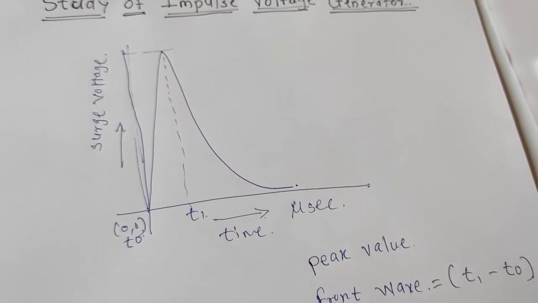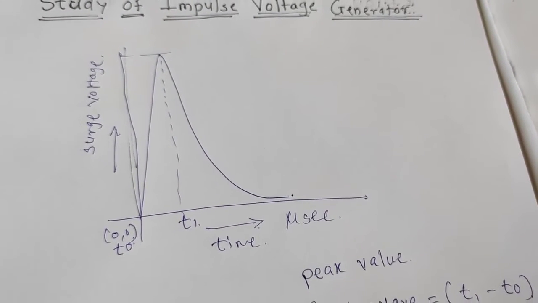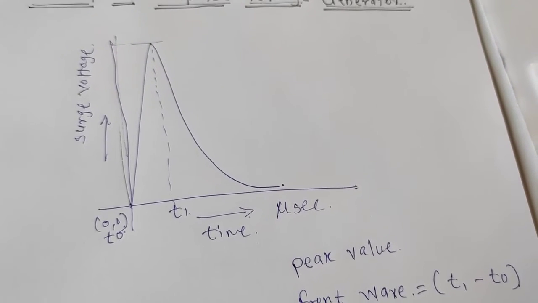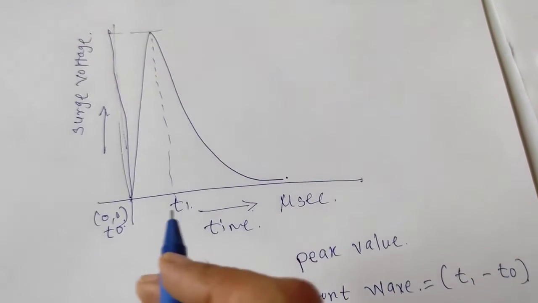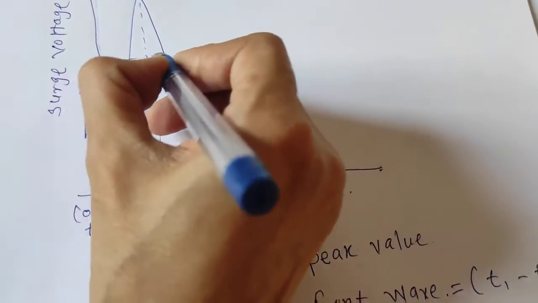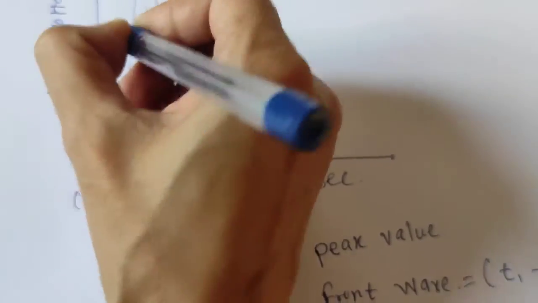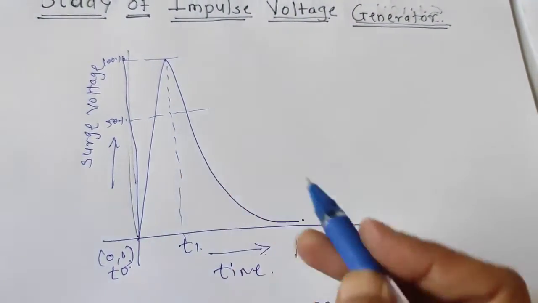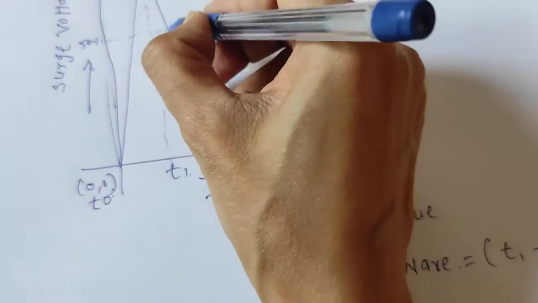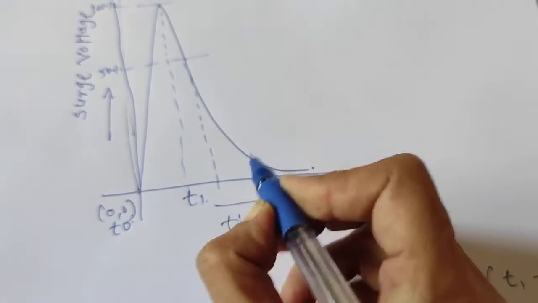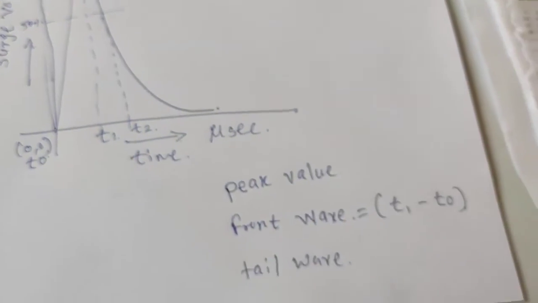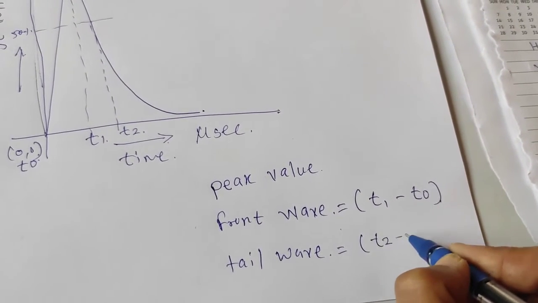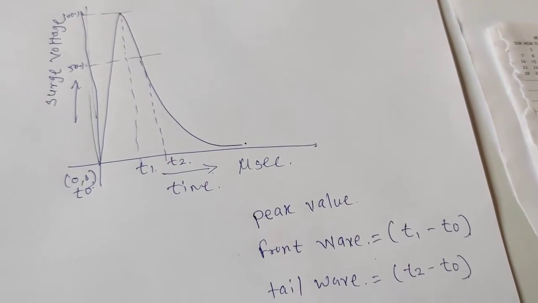Now the time required to decay the waveform to 50% of the peak value is called the tail wave. So this is 100% and this is 50%. I mark this time as t2. Then tail wave is given by t2 minus t0.